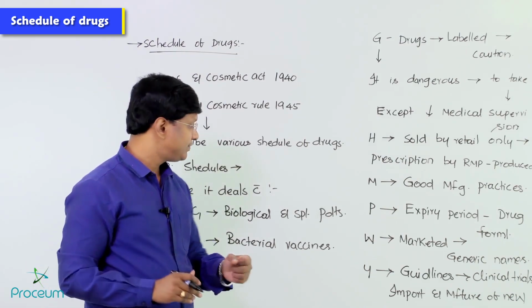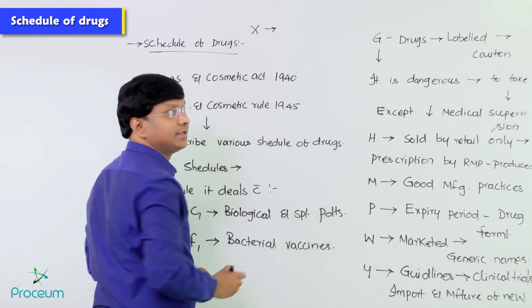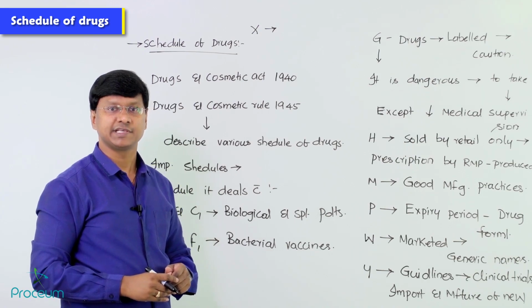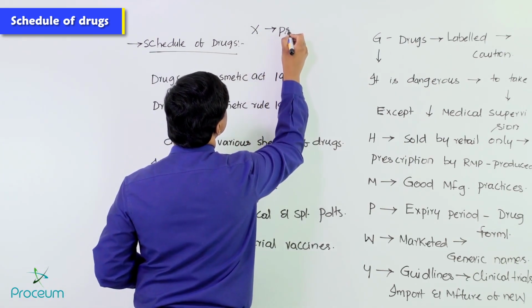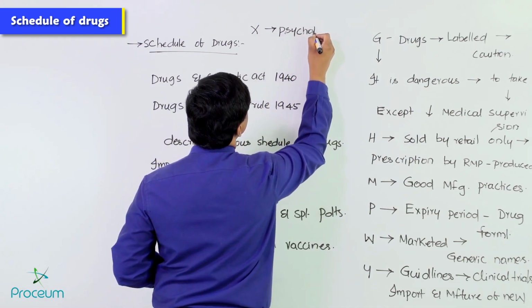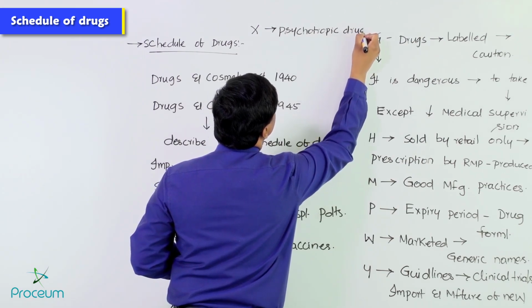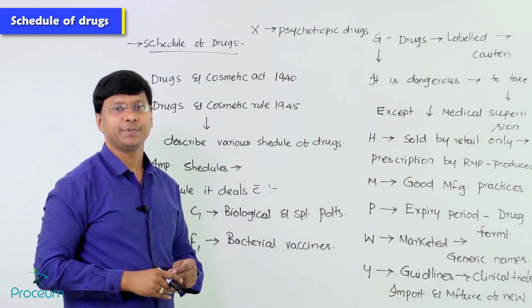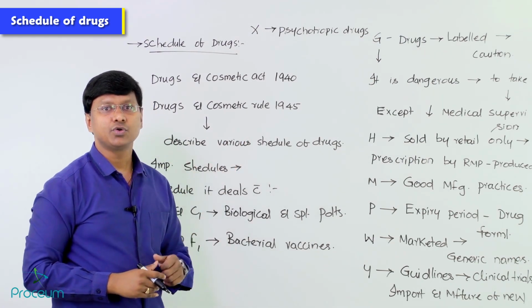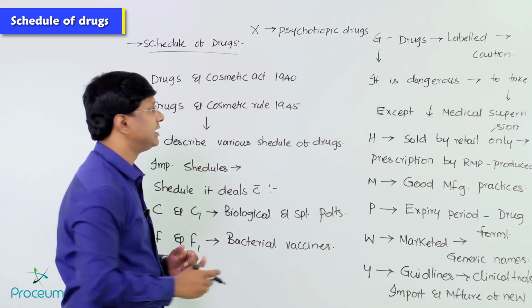new drugs. Next, we also have Schedule X. Schedule X stands for psychotropic drugs. Remember, psychotropic drugs require a special license for manufacture and sale.